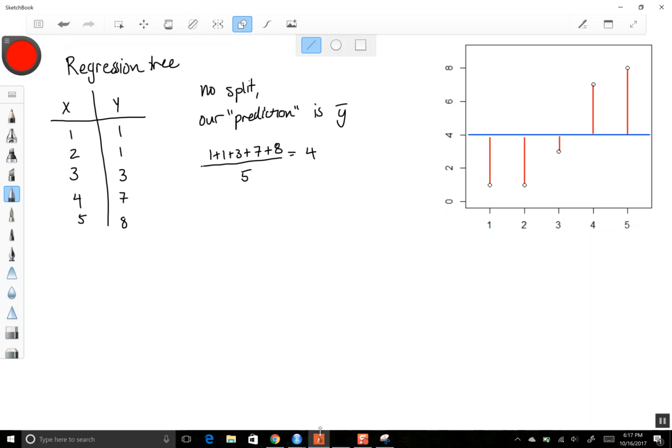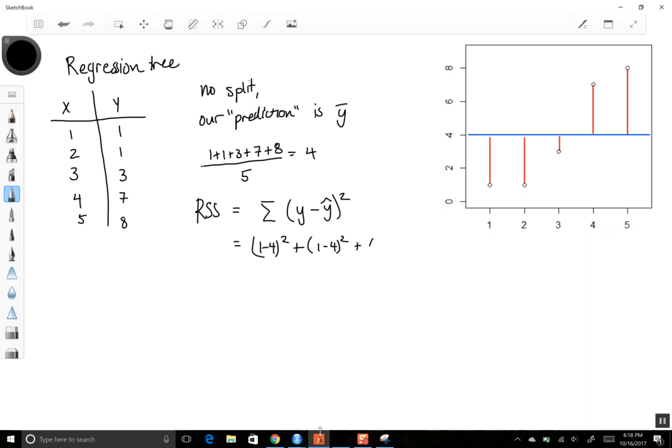And then the RSS is going to be the sum of each value minus our predicted value. This would be 1 minus 4 squared plus 1 minus 4 squared plus 3 minus 4 squared plus 7 minus 4 squared and 8 minus 4 squared.